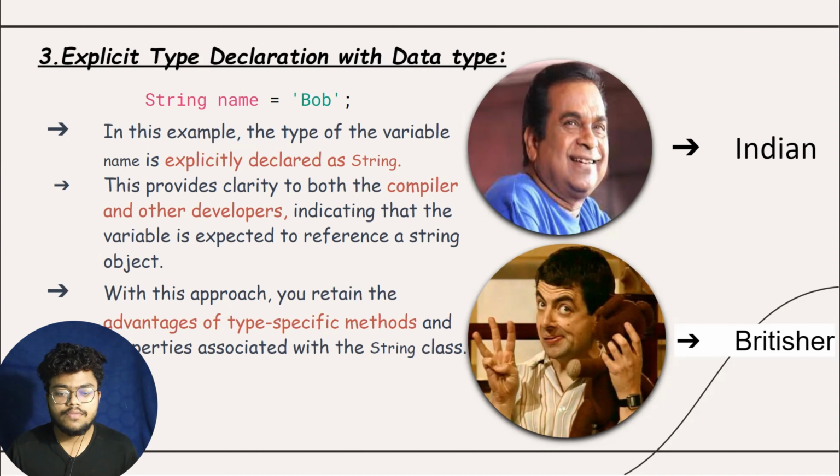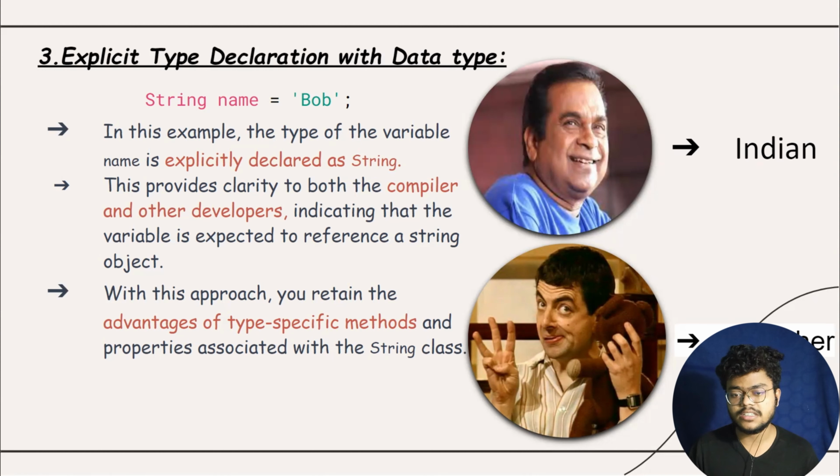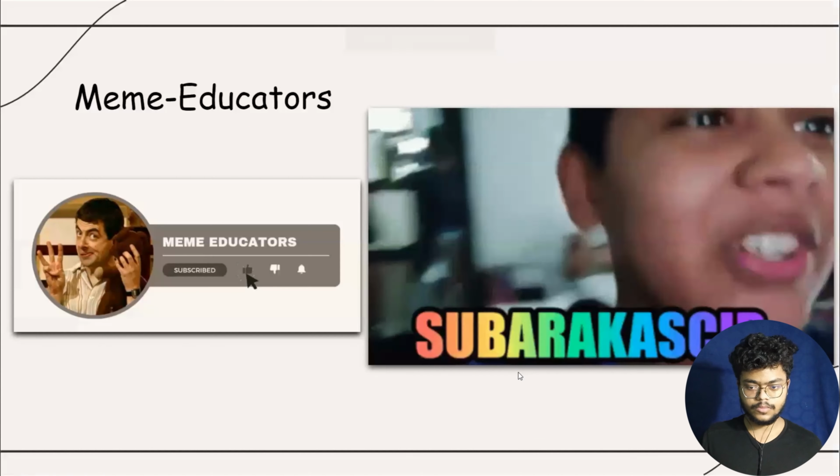With this approach, you retain the advantages of type-specific methods and properties associated with the string class. So by declaring the name variable like this, we can apply many methods which are available in string. By this explicit type declaration, we can use the methods which are available on strings.